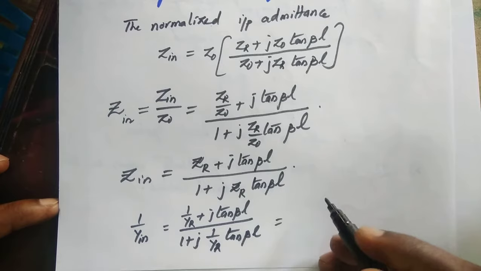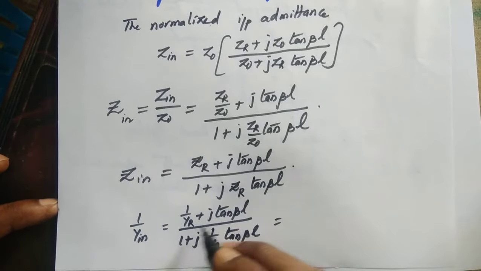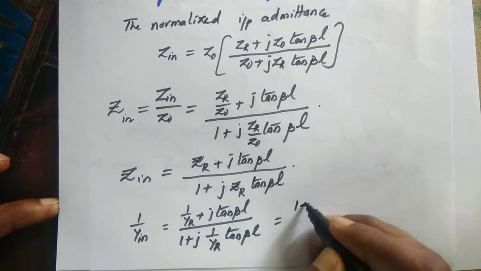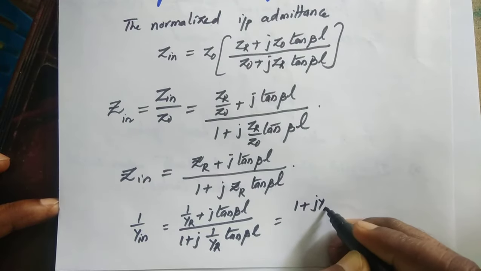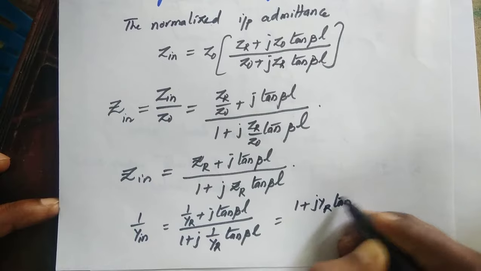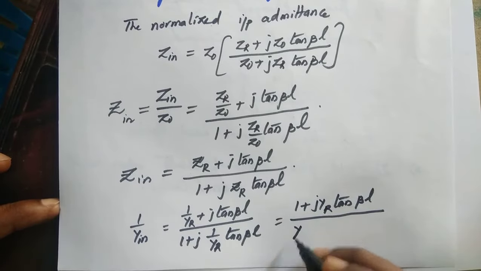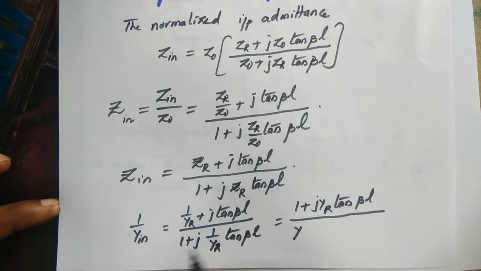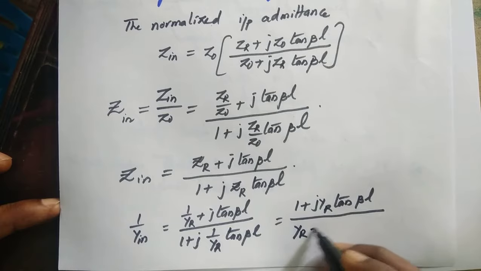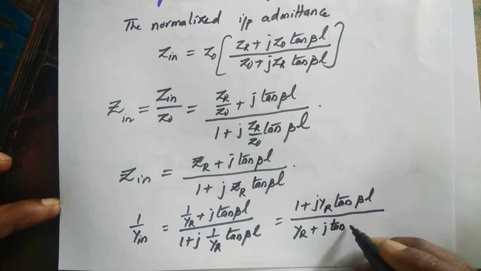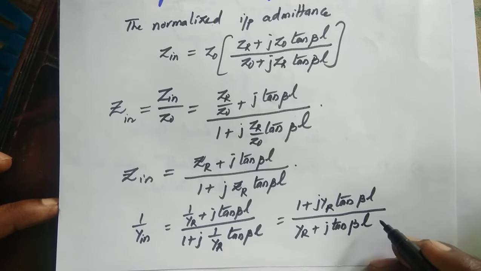This can be written as, here yR is the LCM, (1 plus j yR tan beta L) divided by, here also yR is the LCM, so these two yR will get cancelled, (yR plus j tan beta L).